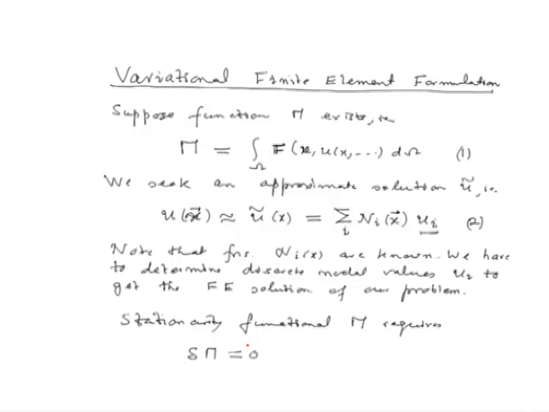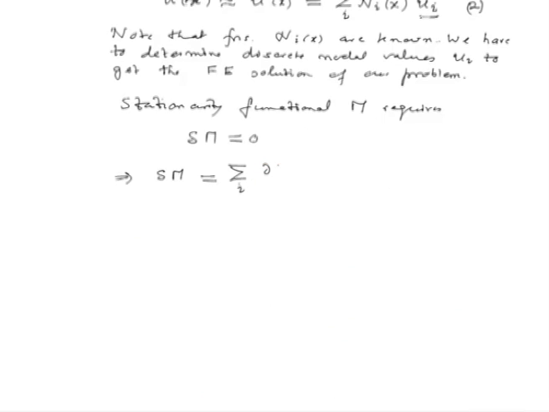Now, any variation can be expressed in terms of the nodal values, so delta pi is given by summation over I of del pi over del u I times delta u I, because that is the way we have expressed our approximate solution.